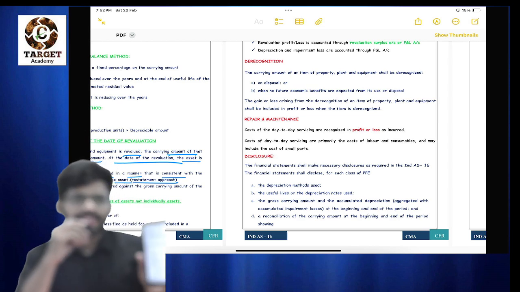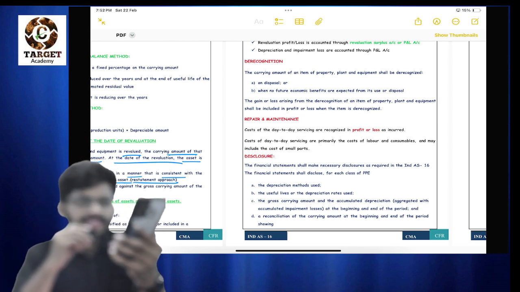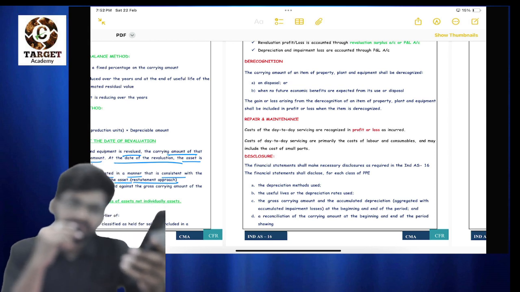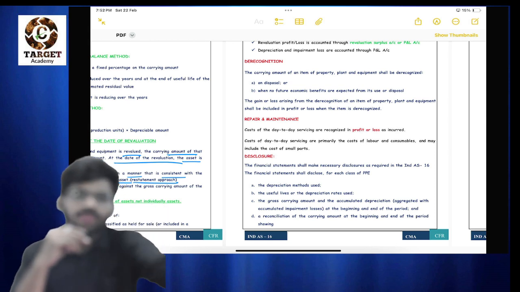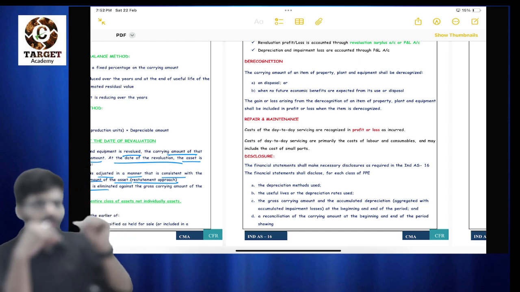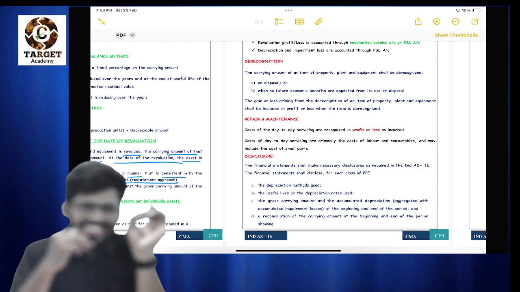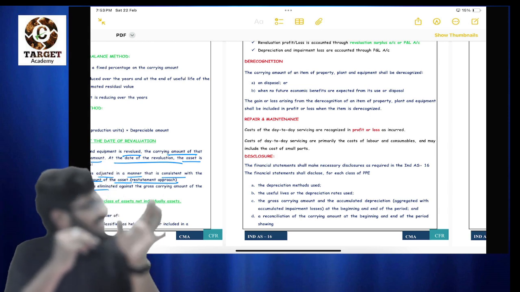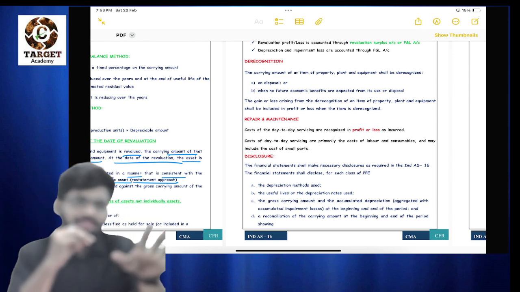As it is, just amounts changed. How many marks? 7 marks.